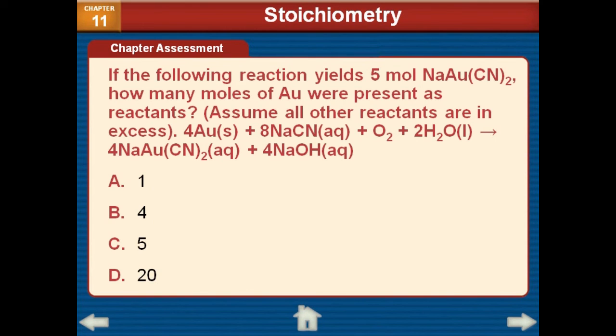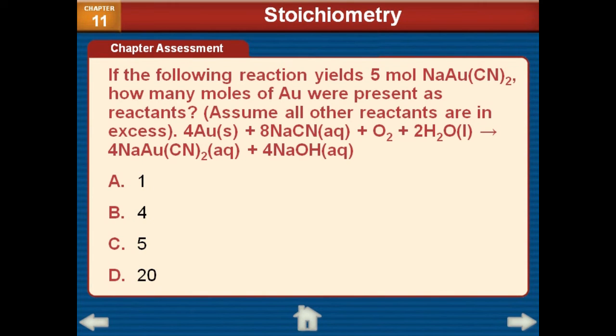Now this one you're definitely going to want to pause the video. If the following reaction yields 5 moles of sodium gold cyanide, how many moles of gold were present as reactants? Assume all of the reactants are in excess.